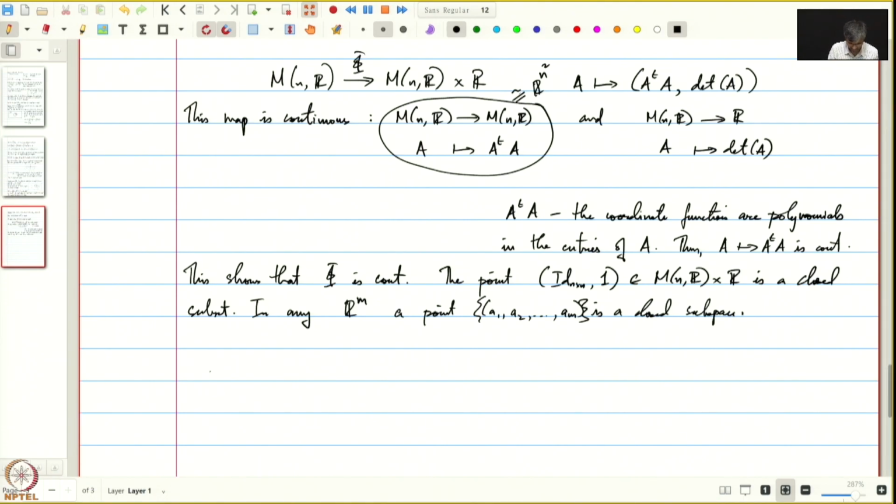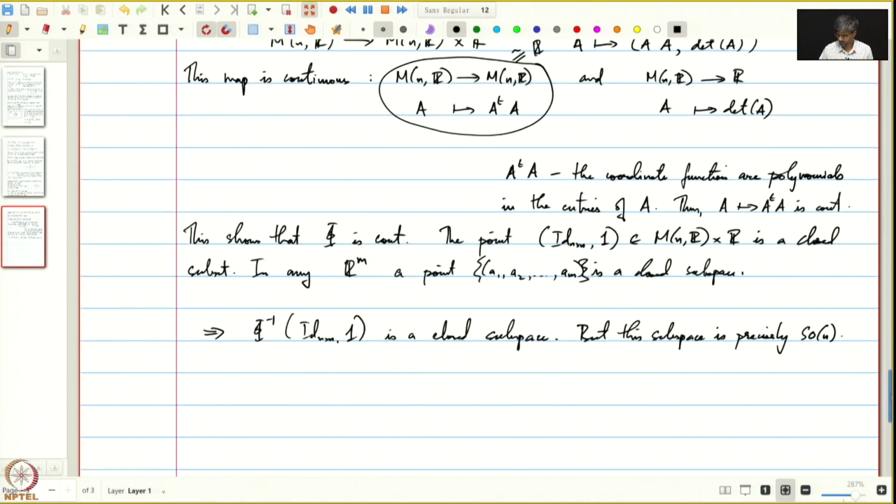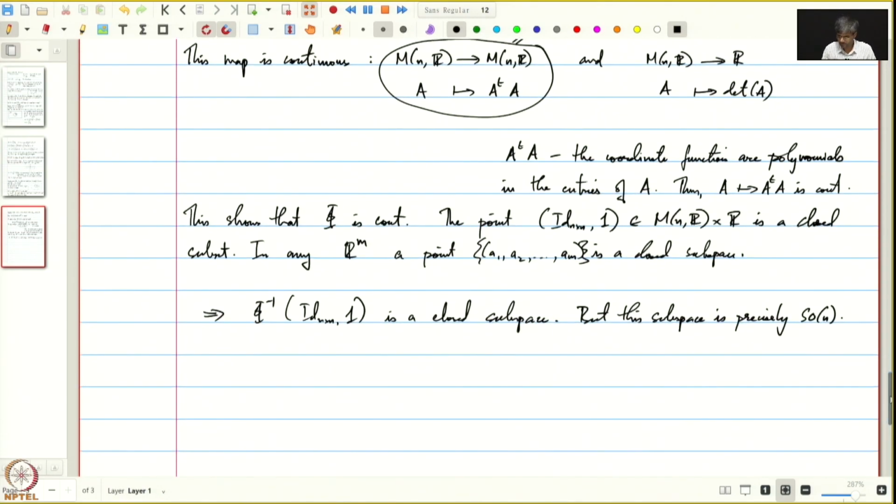Okay, so this implies that phi inverse of (identity n cross n, 1) is a closed subspace, but this is precisely SO(n). Okay. So therefore SO(n) is closed, and next let's see that SO(n) is bounded.